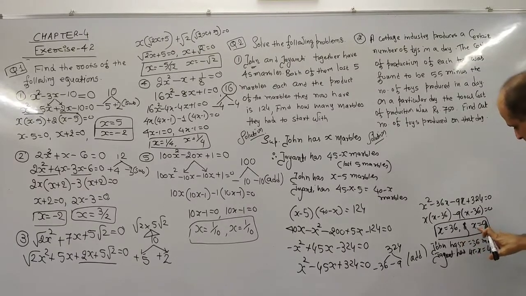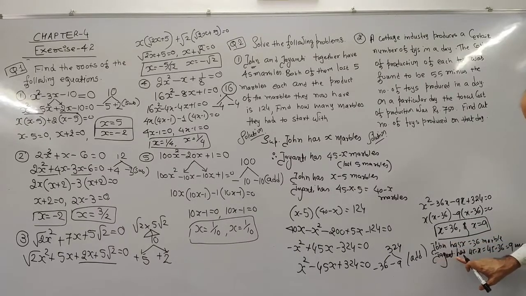Similarly, you can take x is equal to 9. If you take x is equal to 9, then John has 9 marbles and Jayanti has 45 minus x, 45 minus 9, which means 36 marbles.